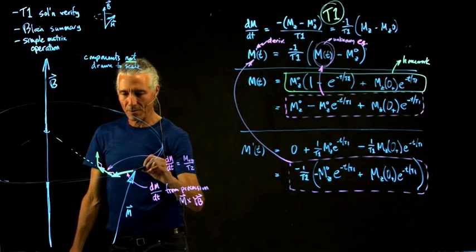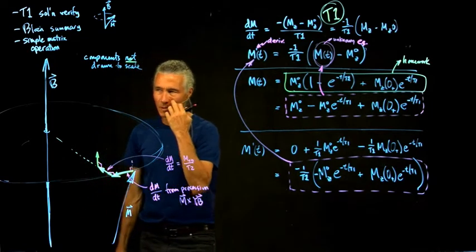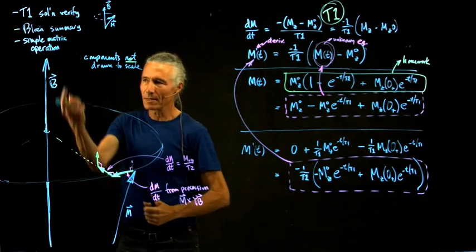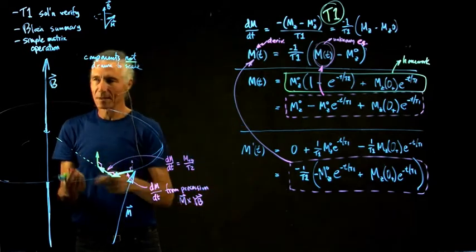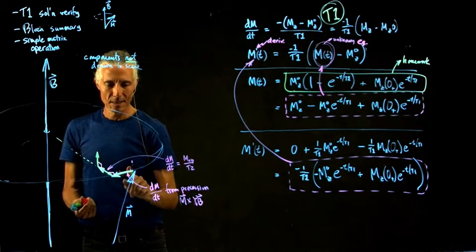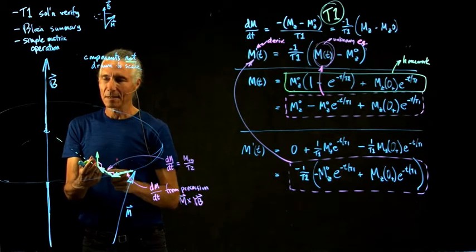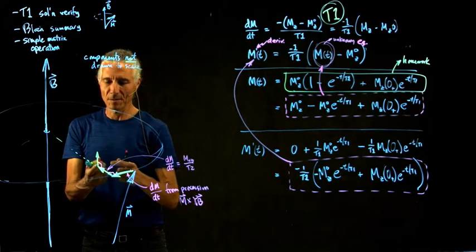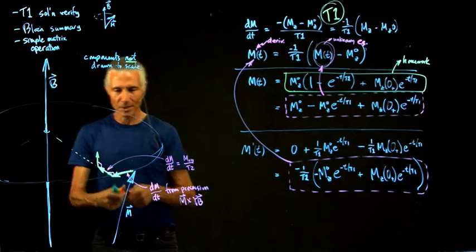If I drew it over here, you'd see it was perpendicular to that one also. So the z direction, no matter where this is around the circle, is going to be in a horizontal plane, and so the z regrowth, the T1 regrowth, is always going to be perpendicular. So they're all perpendicular to each other.